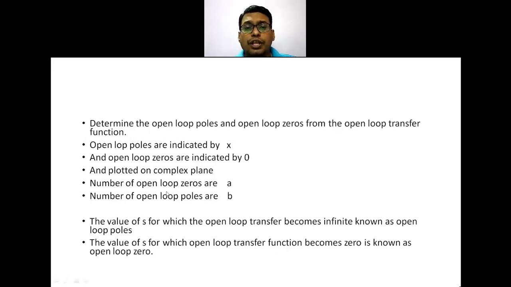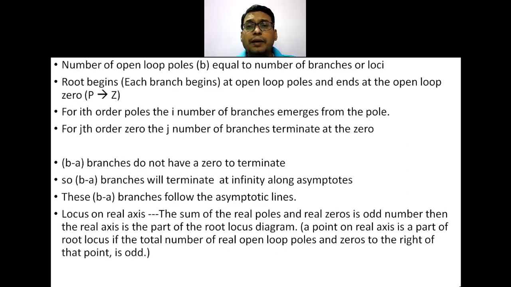So say the number of open loop zeros is A and the number of open loop poles is B. So there are B number of branches or loci that will be developed. As many open loop poles as there are, that many branches will be generated.